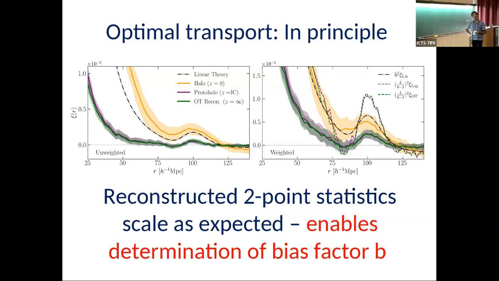That's a kind of weird thing, because usually when people do reconstruction, they don't highlight the fact that reconstruction may not return to you the initial shape, may not return to you linear theory. But you can see that it is returning to you the initial shape. The green and the purple are the same. So that means that the initial correlation functions of the biased tracers that we see are not given by linear theory.